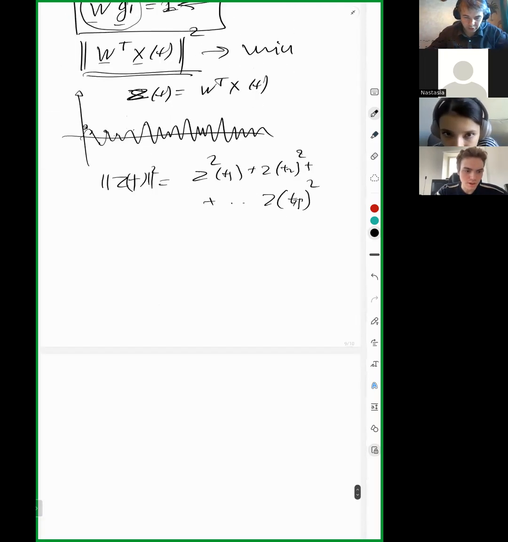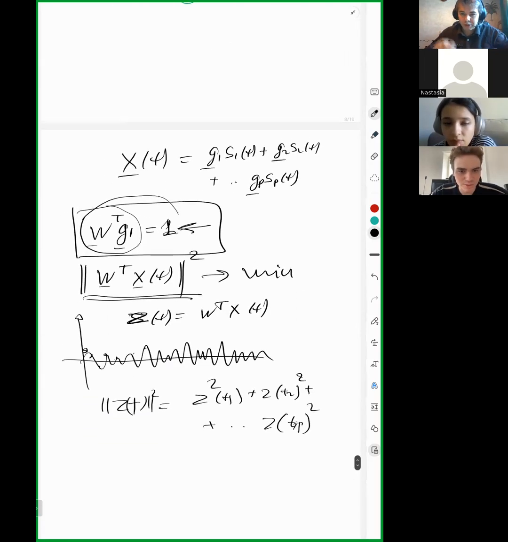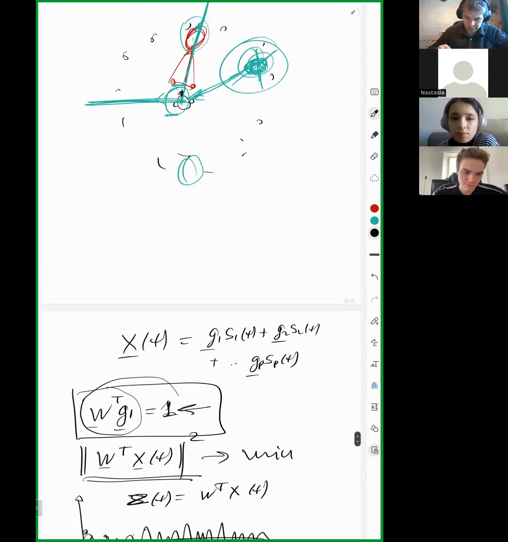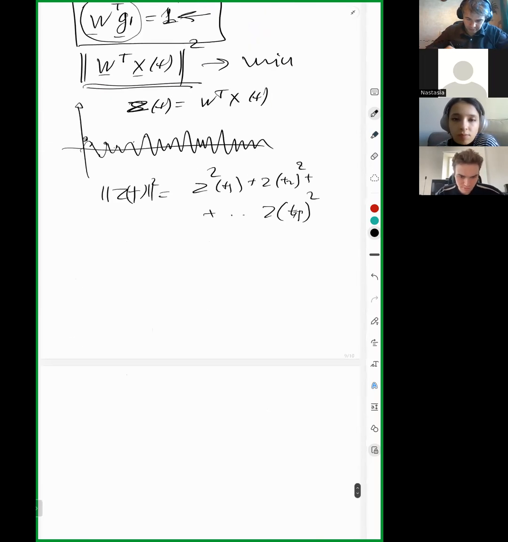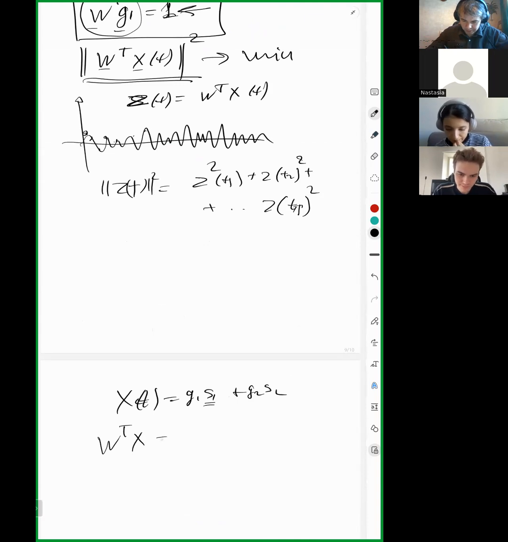Can you say again why we have this constraint equal to 1? Yes, here's the constraint. Let's say X of T is G1 S1 plus G2 S2, for instance. Now I want my W to recover S1. So W transpose X is equal to W transpose G1 S1 plus W transpose G2 S2.